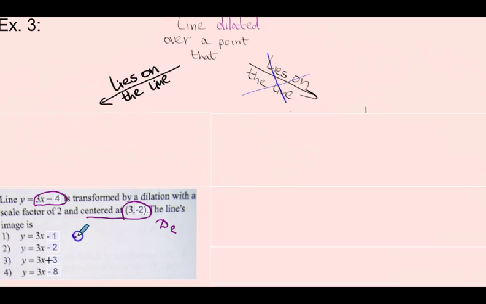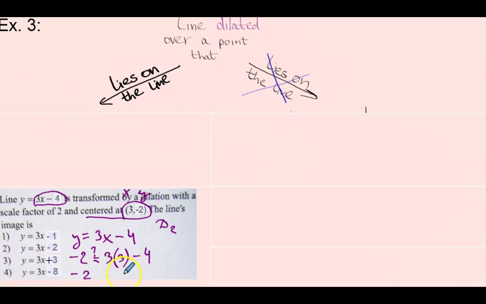So, the equation y = 3x minus 4 will be tested with the point 3 for x, minus 2 for the y. Let's do the substitution. Will we receive minus 2 as a result of multiplying 3 by the x value and then subtracting 4?